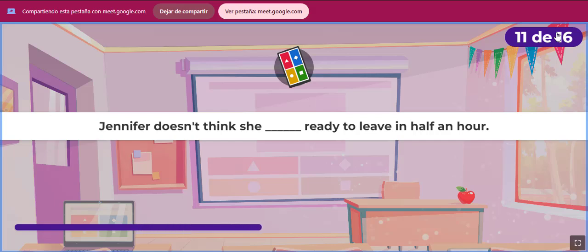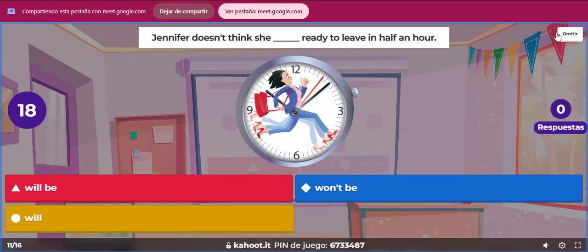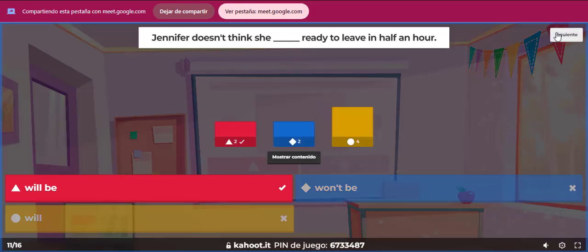Number 11. Jennifer doesn't think she ready to leave in half an hour. Only 2 people got it correct, and pay attention that this one is tricky. Jennifer doesn't think she won't be ready.